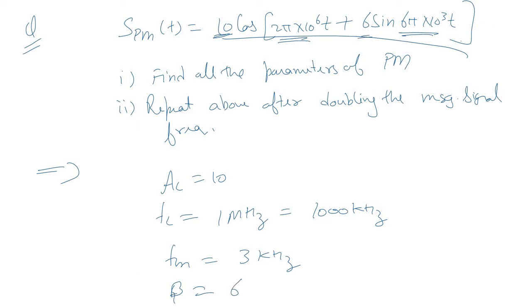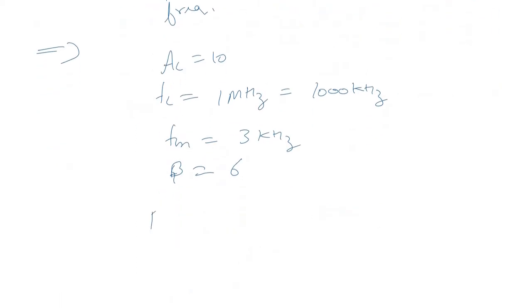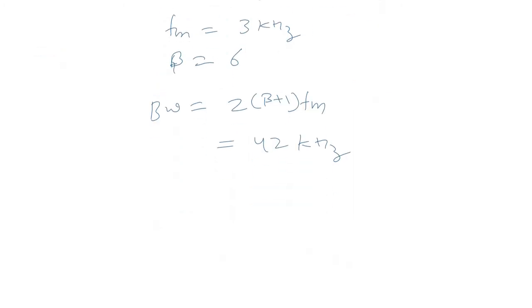The bandwidth would be equal to twice of beta plus 1 into FM, and that comes out to be 42 kilohertz. PT is equal to AC square by 2, that comes out to be 50 watts.